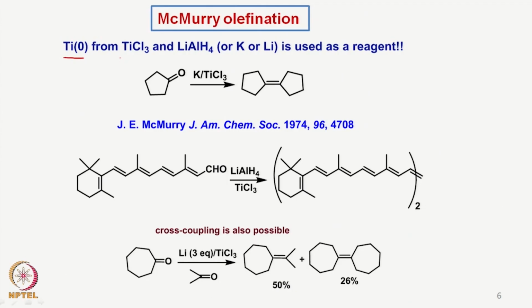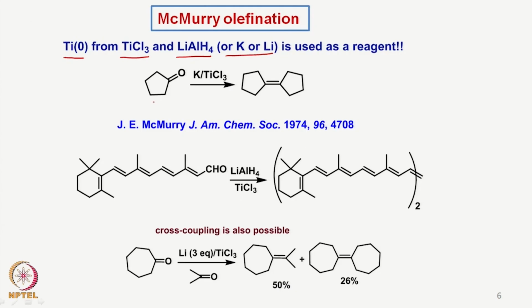which was derived from titanium trichloride and lithium aluminum hydride, or reaction with potassium or lithium as electron transfer. So, basically TiCl3 was reduced to the corresponding Ti0, that is titanium 0, using either a reducing agent or a metal electron transfer from potassium or lithium.